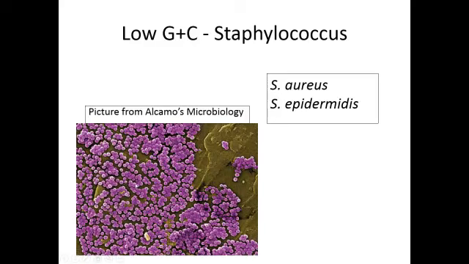So from this picture, which is not human skin, but imagine that in this sim, this is human skin, and you say this is all Staph epidermidis, then when a real pathogen comes along, it has a hard time finding a place to grab a hold, because the places are being taken up by Staph epidermidis. So it's good to have it on your skin.